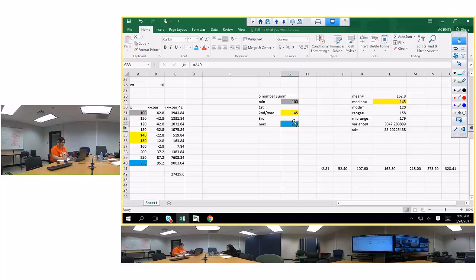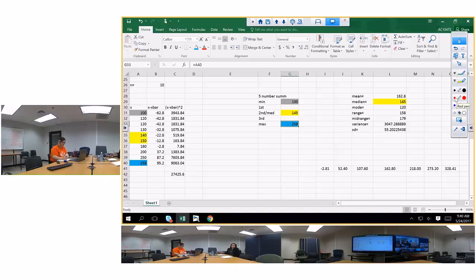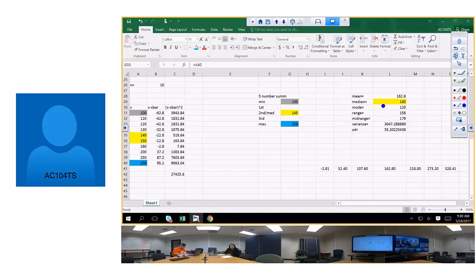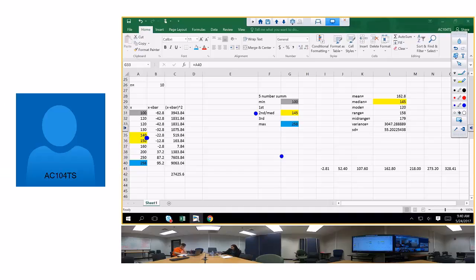Okay. Now, the second one in the 5-number summary, I'm going to put a blue dot right here, because that blue dot represents the median, right? If you were to graph 145, it would be between the two, 140 and 150.